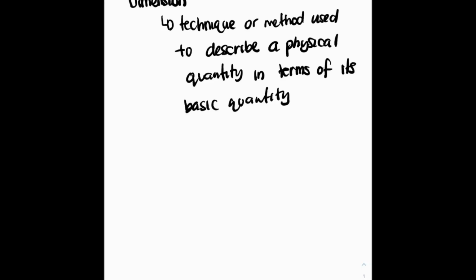So for an example, now let us look at 3 commonly used basic quantities, which are length, mass, and also time. All these 3 are basic quantities and we are going to make these quantities into dimensions. How it is made is you denote the length as square bracket, capital L, close square bracket.